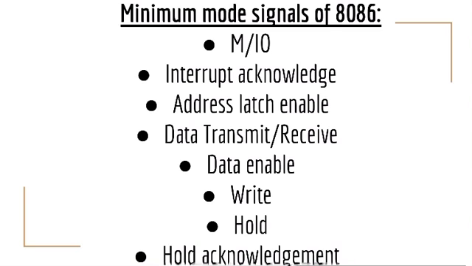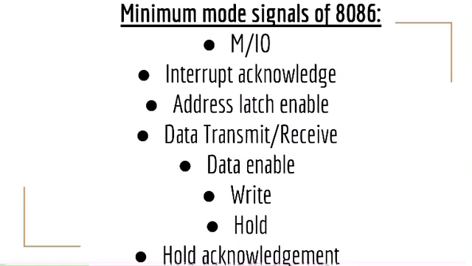Next we have the data transmit or receive pin. This signal is used to decide the direction of data flow through the bidirectional buffer. If DT/R is 1, it is transmitting, and if DT/R is 0, it is receiving data.